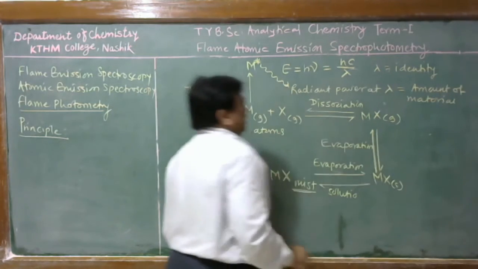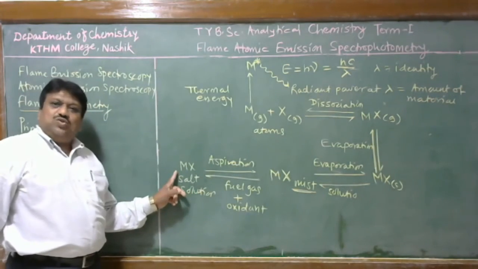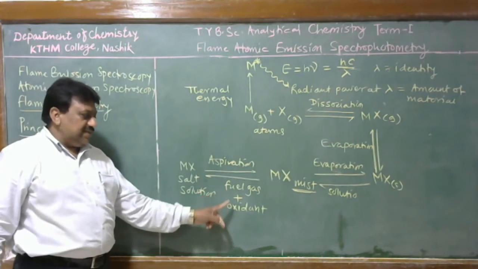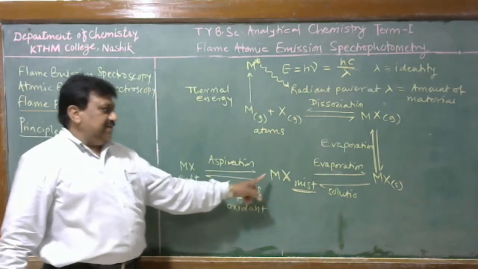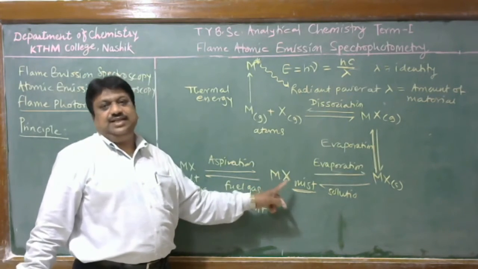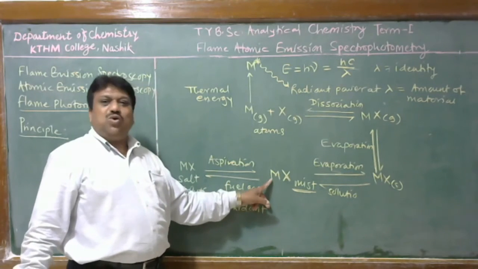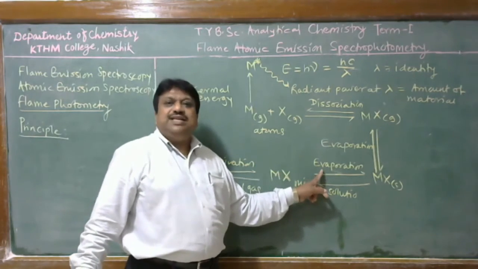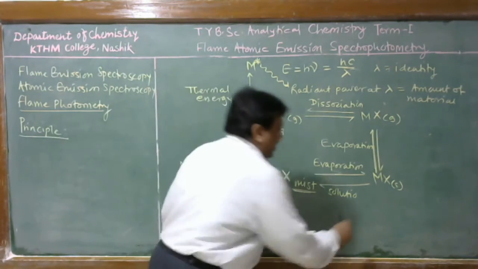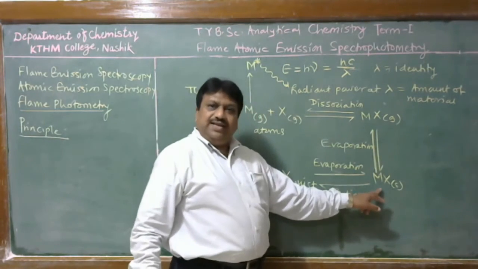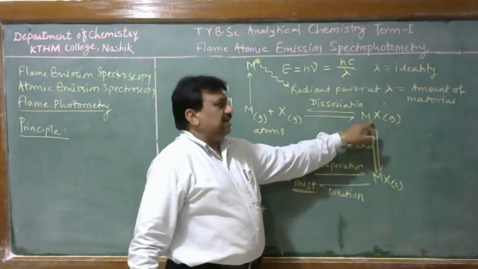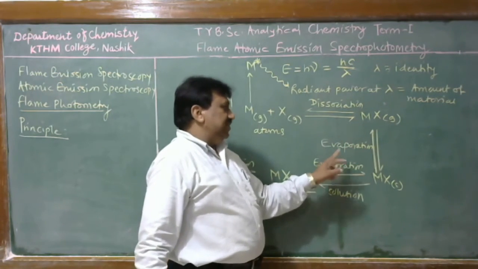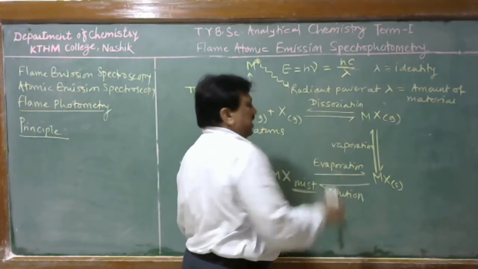That means here, when a metallic salt solution is aspirated into the flame, it mixes with fuel gas and oxidant or air, resulting in formation of mist, that is a fog formation, a mixture of solution and gases, from which the solvent is evaporated, and then an MX solid is obtained. This solid is further converted to MX gas by vaporization, not evaporation, vaporization.